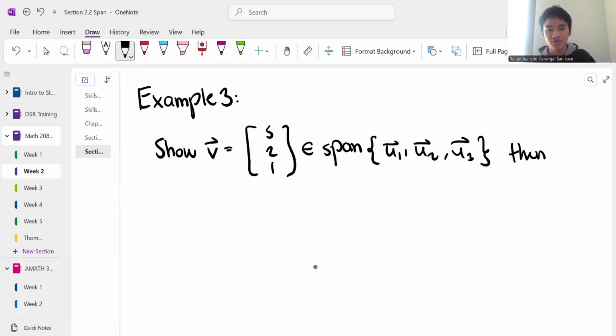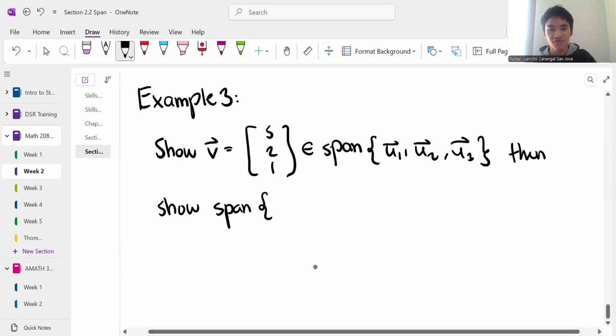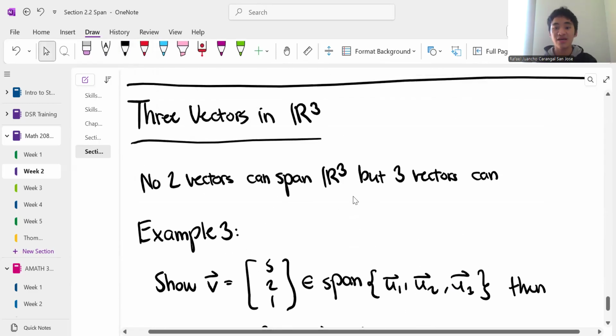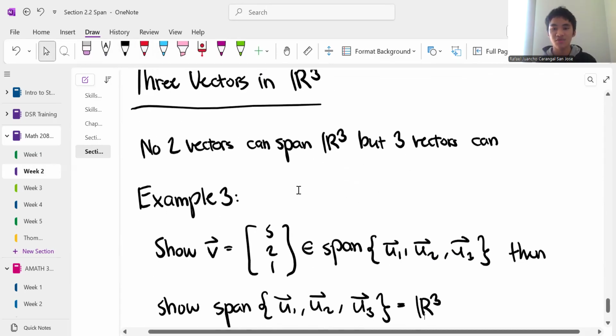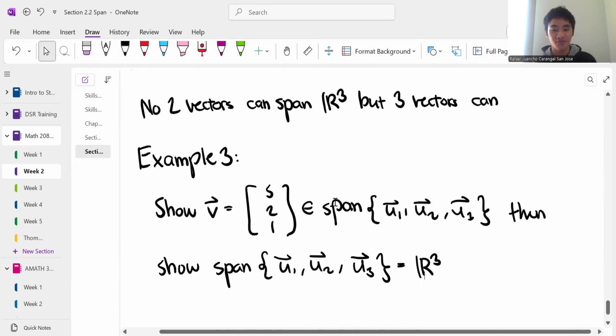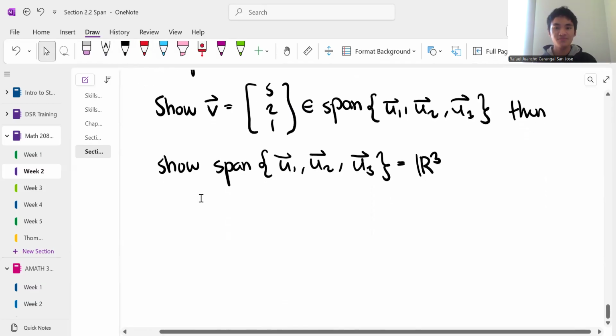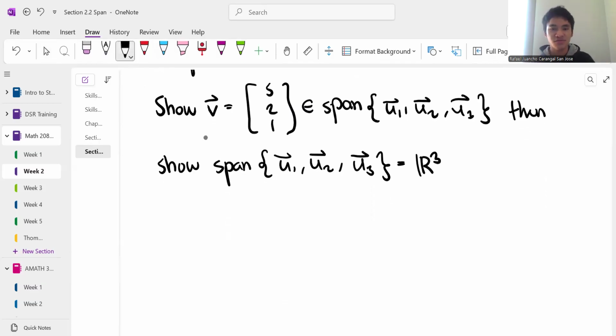And then we show that the span of u sub 1, u sub 2, u sub 3 is all of R3. Because what we stated earlier is that we can. We just don't know how. But the textbook says we can, and we just agree with it for now. Right? So how do we do it? Well, let's start with the first one.